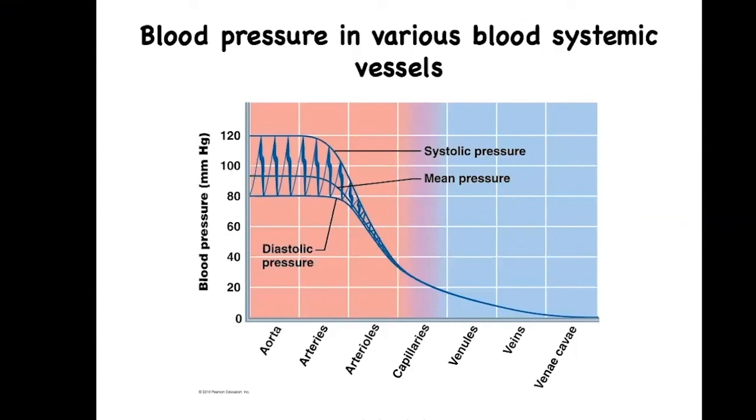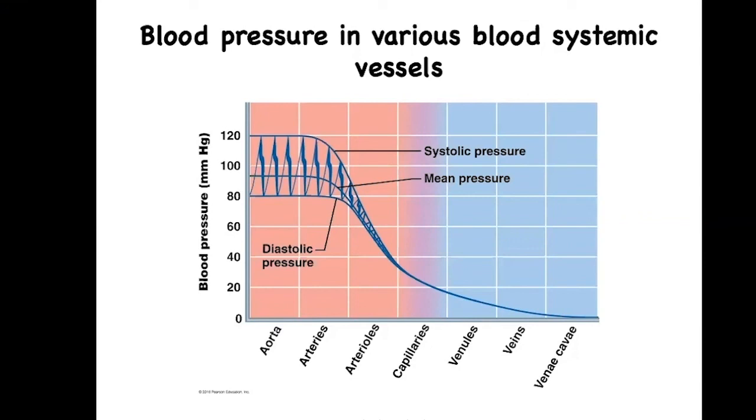Even though systolic and diastolic go up and down, so systolic being high and diastolic being the lower number, the mean arterial pressure, as you can see, remains consistent. The mean arterial pressure also decreases as you get further from the pump, and this is what allows the blood to move through your vessels.